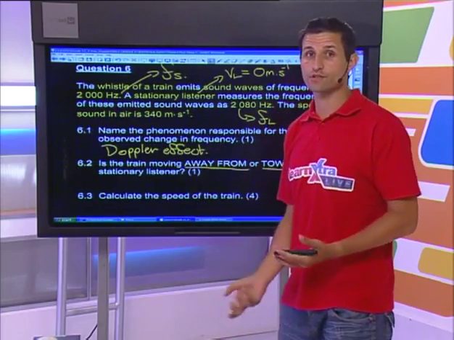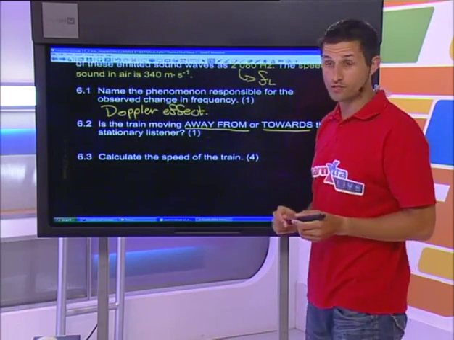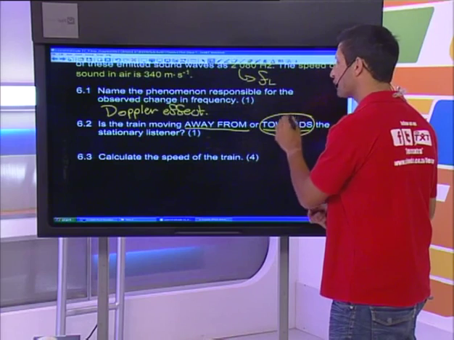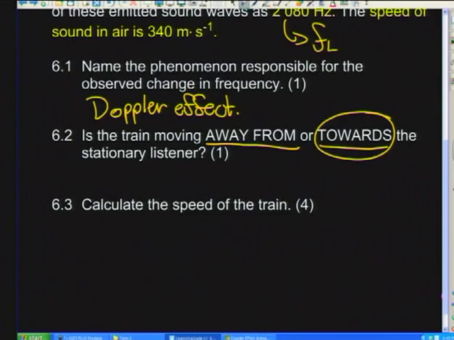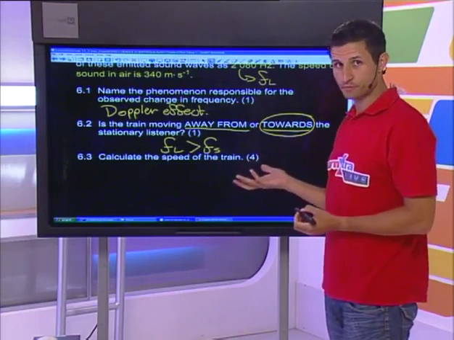That means the frequency increased. So that gives me my answer. That means the objects are headed towards each other. Okay, it's very vital that you understand that, because the frequency which was heard is greater than the frequency of the source. I increased the frequency. It's headed towards my listener.